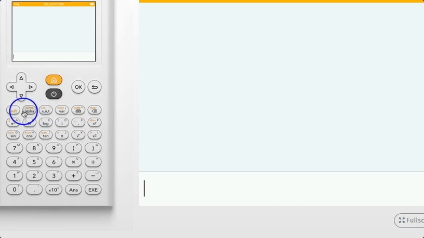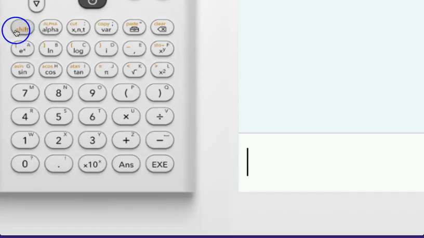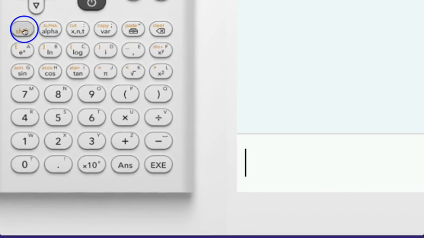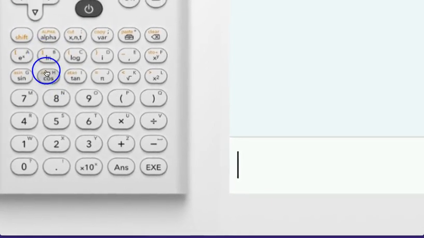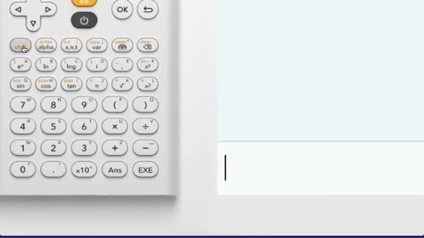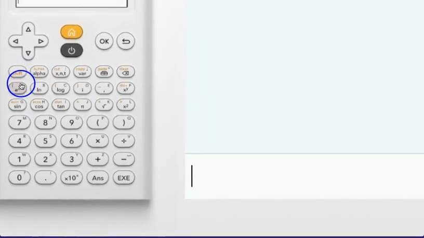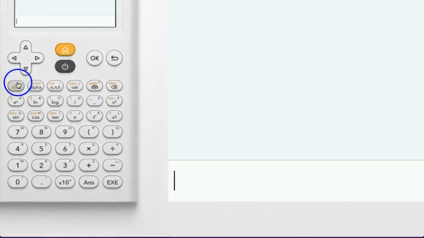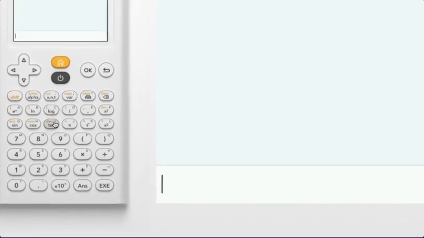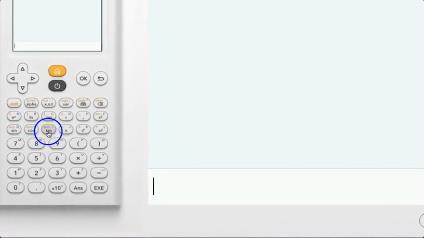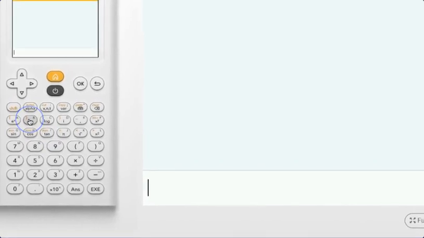Okay, here's my calculator. Here I have some keys, shift, alpha. In some calculators you have to first press second, and in this calculator I have to press shift and the tan key, so it will give you tan minus 1.